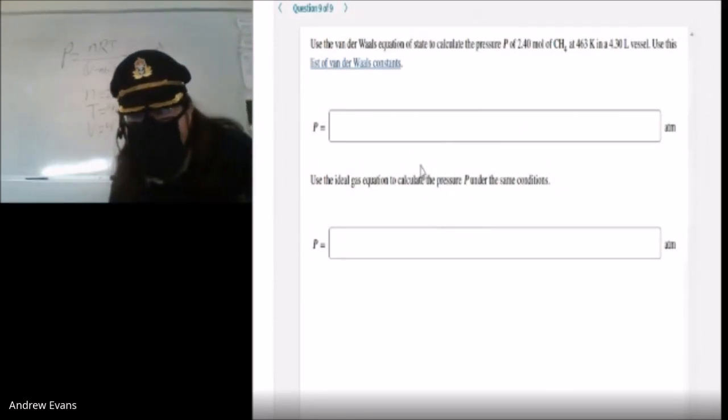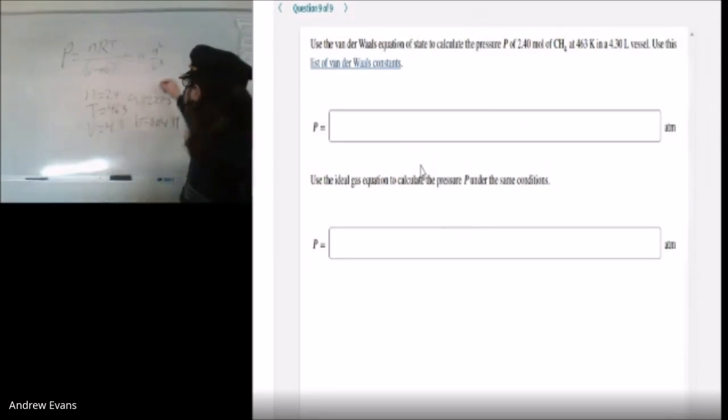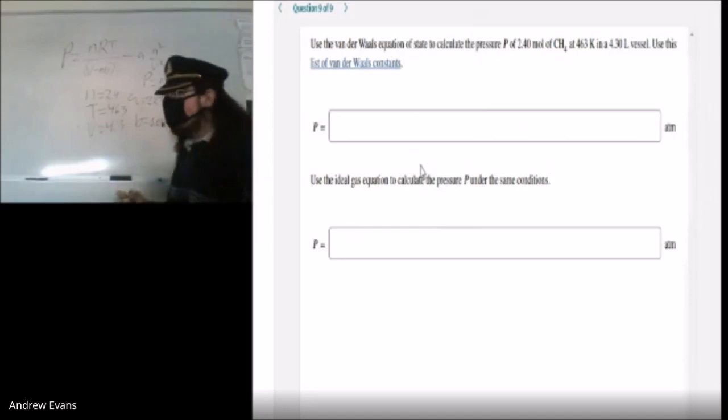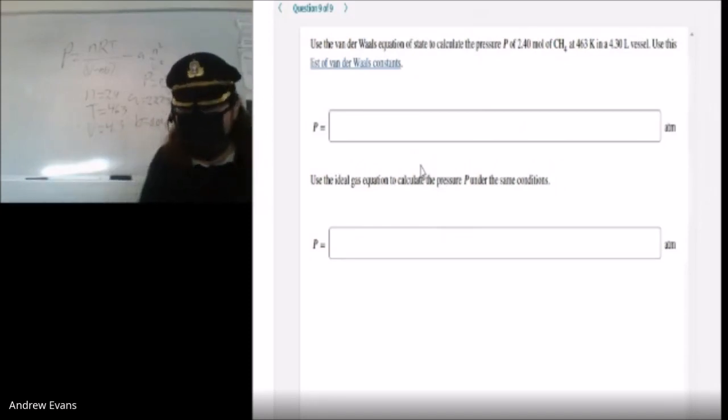So they want us to first solve the real gas pressure, and then they want us to solve the ideal gas pressure, which is just P equals nRT over V. I'm actually going to do the ideal first because the ideal is far, far easier.